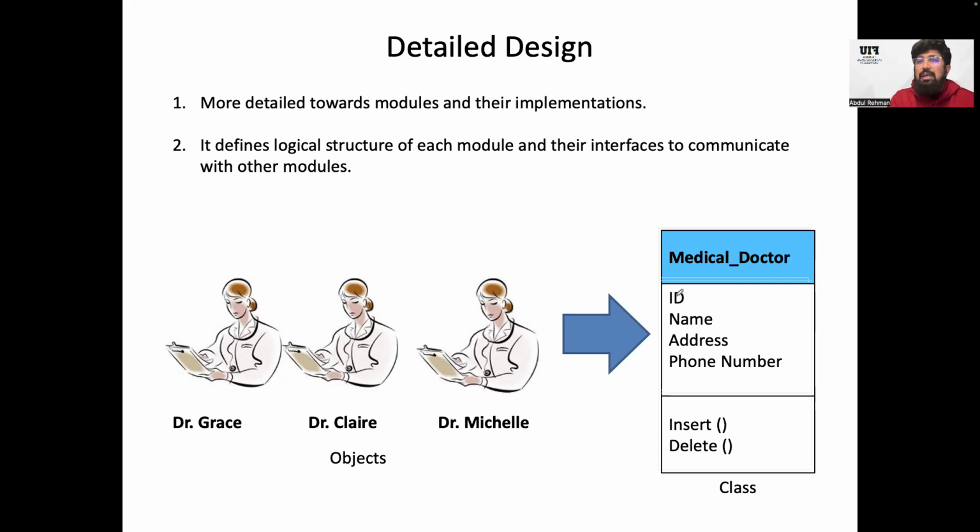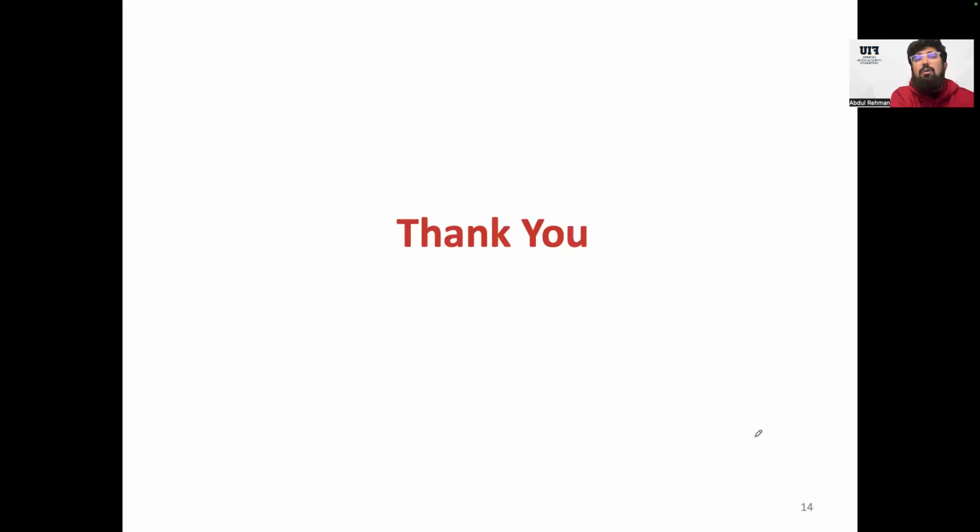Every doctor may have an ID, name, address, and phone number, as with a student and teacher. And every doctor can insert some information or delete some information in that particular class. So that's, I think, all.